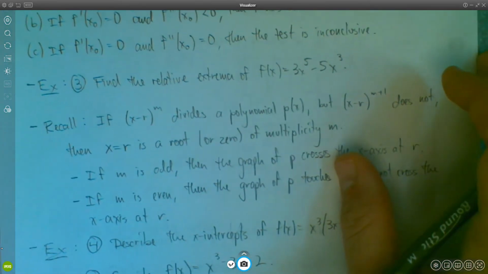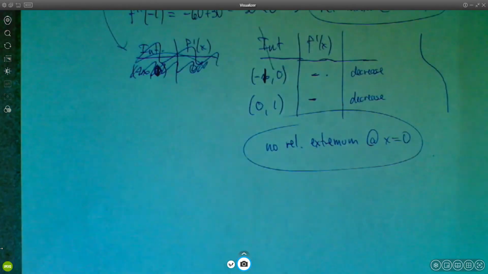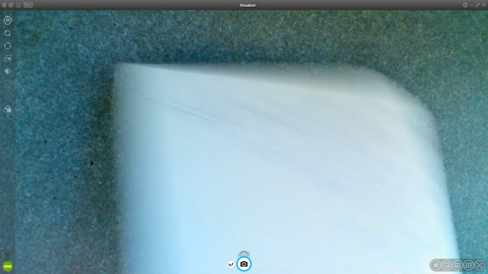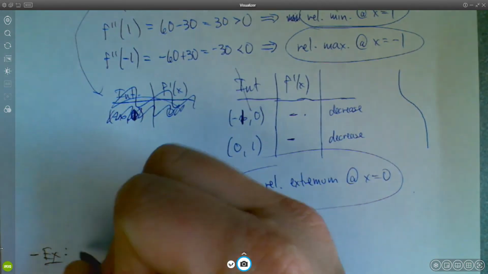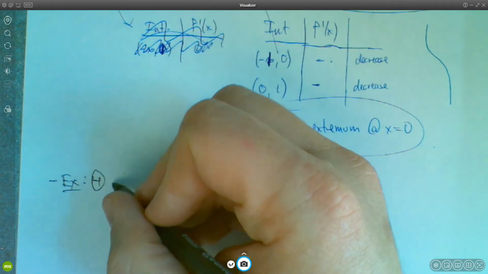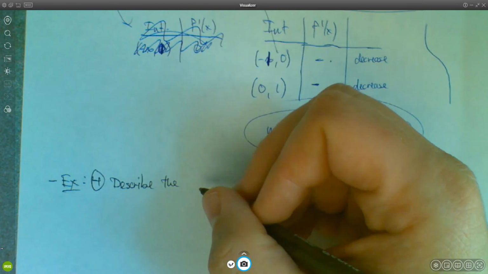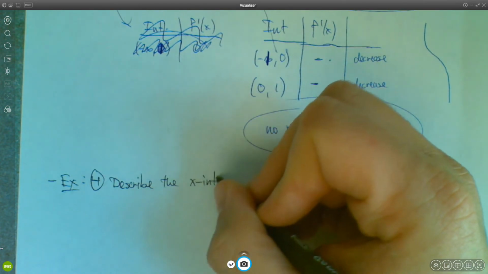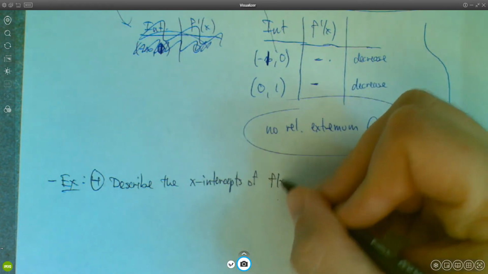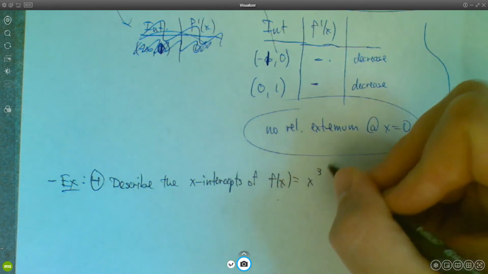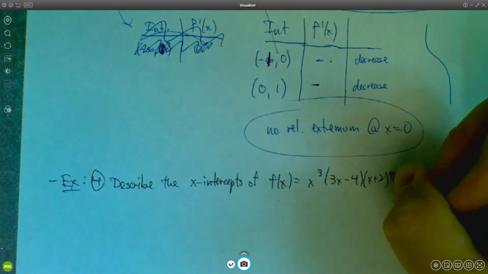And just to practice with that concept, let's see if we can describe the x-intercepts of this function. f of x equals x cubed times 3x minus 4 times x plus 2 squared.